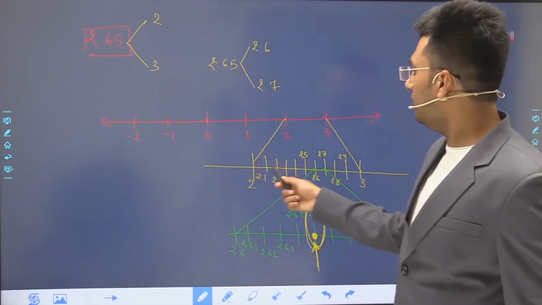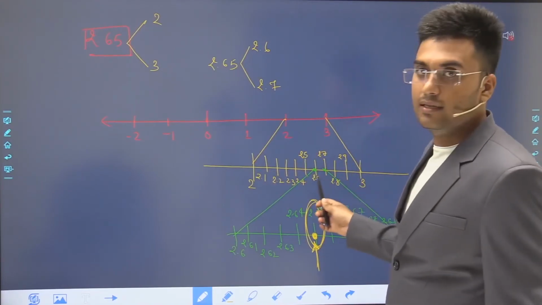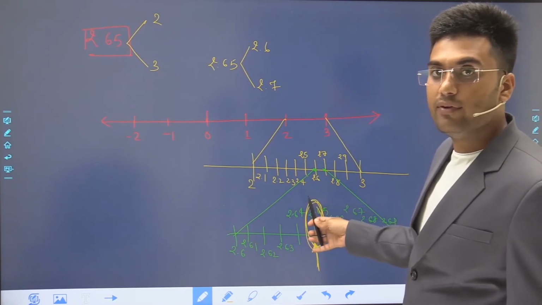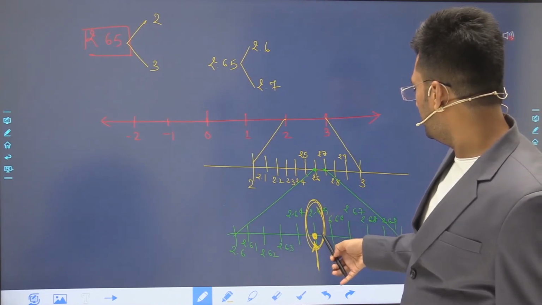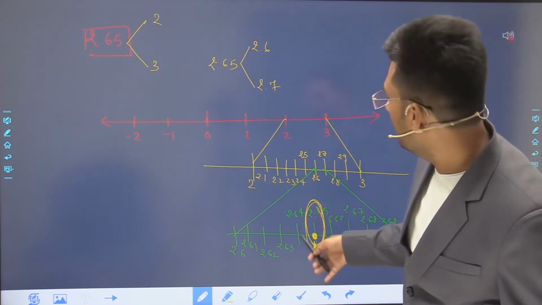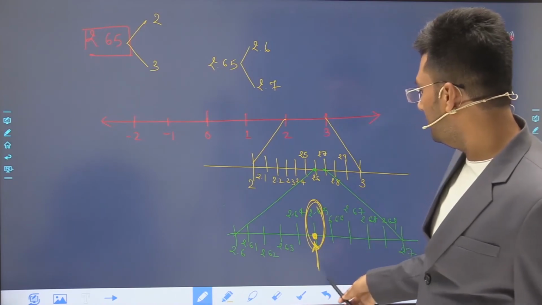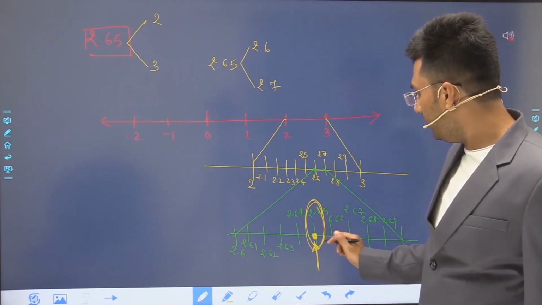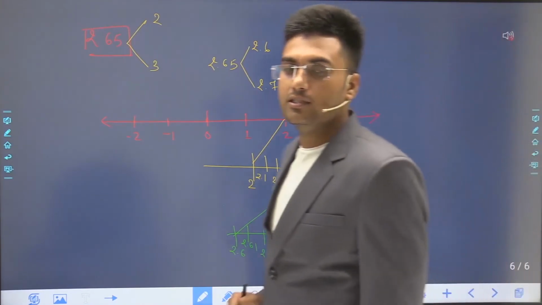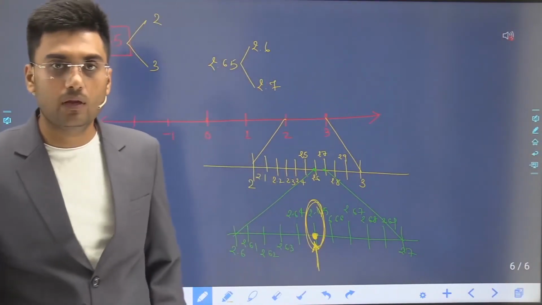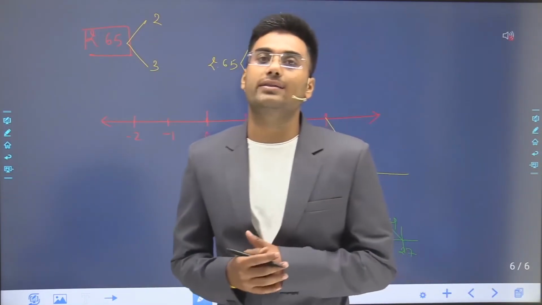In this method, we first divide 2 and 3 into 10 equal parts, then 2.6 and 2.7 into 10 equal parts. Then we find 2.65 here. So this is the successive magnification method. For better understanding, let's take some more examples.